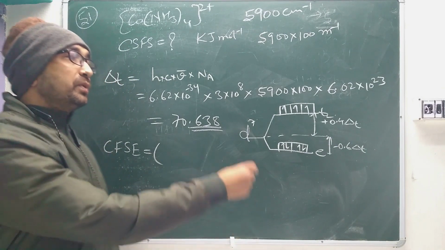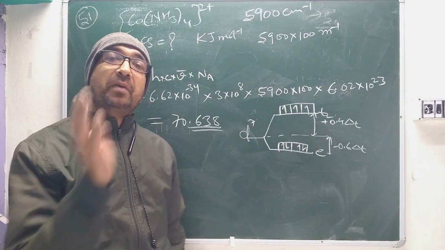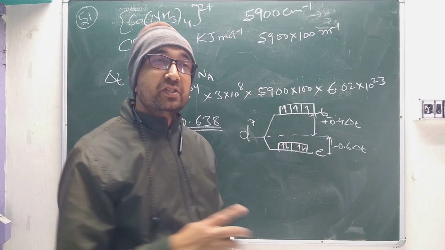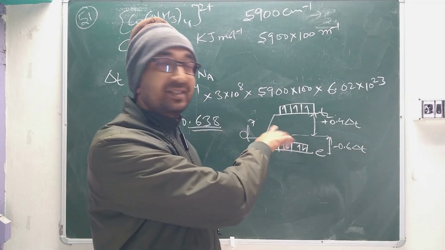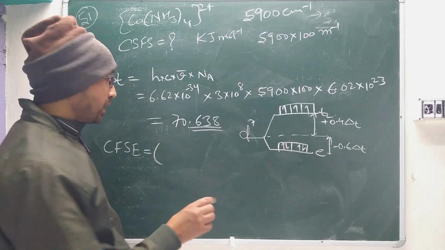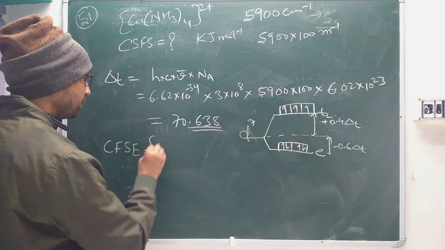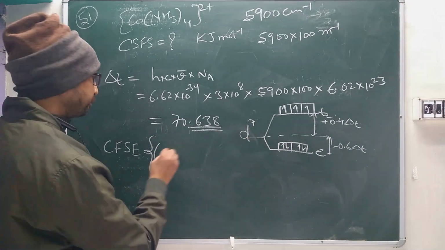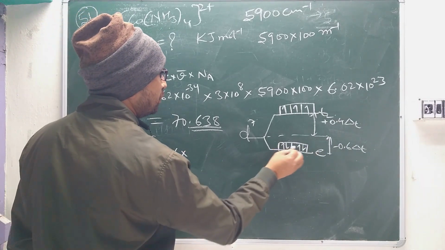How this value we are writing, if you are not able to understand, just see my second lecture, where I have discussed this crystal field stabilization energy for tetrahedral and octahedral. So now we have to just put it into the formula. So it will be minus 0.6 into how many electrons are there? 1, 2, 3, 4.